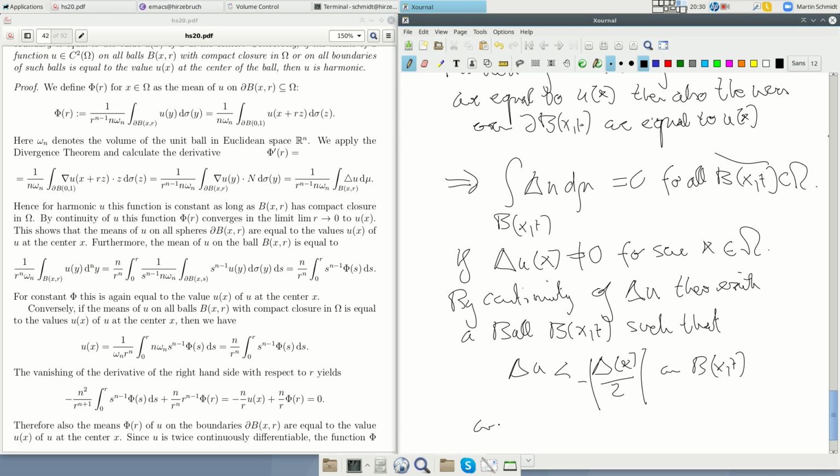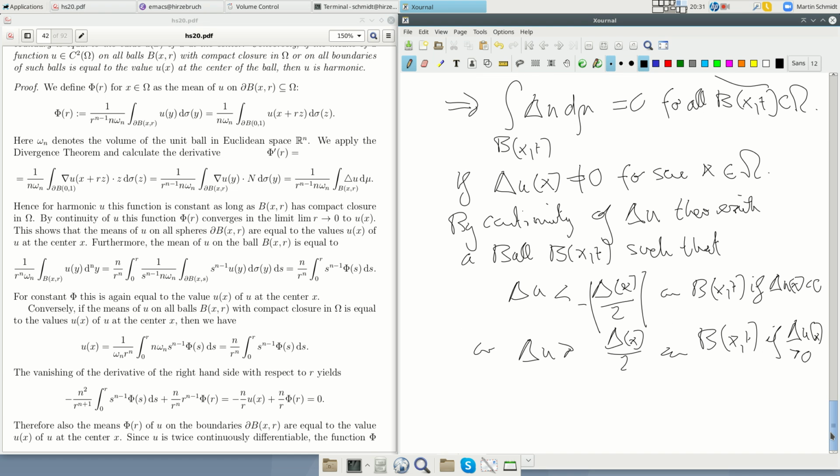This is the case if Δu of x is smaller than 0, or Δu is larger than Δu of x half on this ball, if Δu of x is larger than 0.